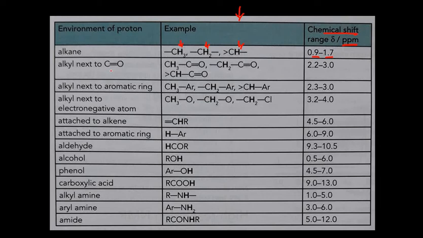Now here you can see a carbonyl group is present. A hydrogen bonded to a carbon next to the carbonyl group is going to produce a chemical shift in the range of 2.2 to 3 ppm. Here you can pause the video and study this full table, where the bold proton indicates the peak.